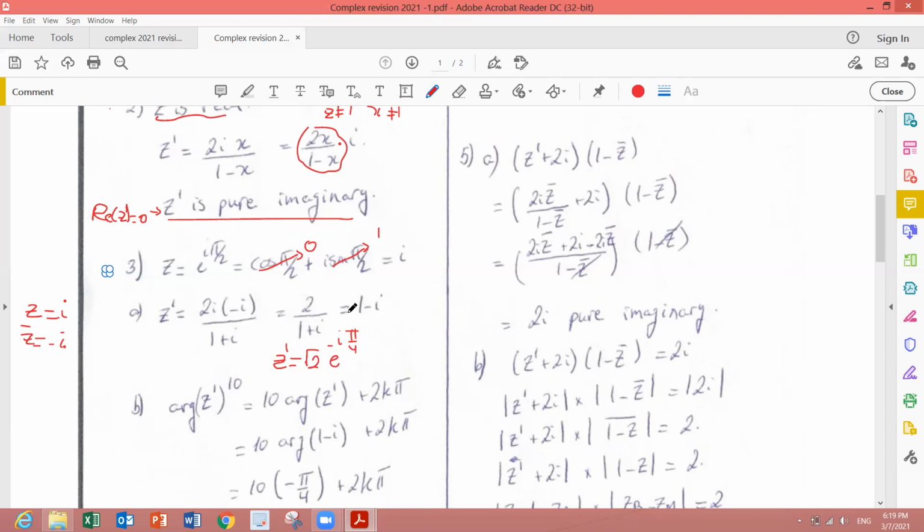Also by using the calculator, we can calculate the modulus, which is radical 2, and the argument minus pi over 4. This is the exponential form. The exponential form of z, or z prime, equals r e to the i theta.